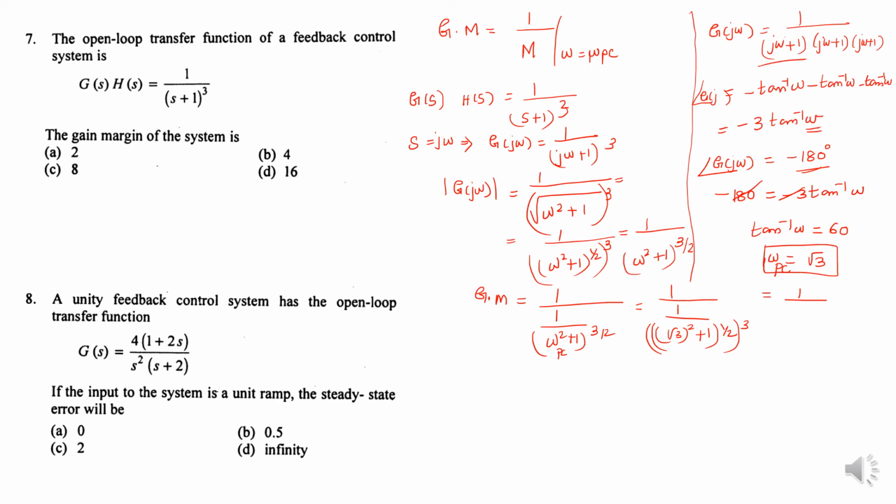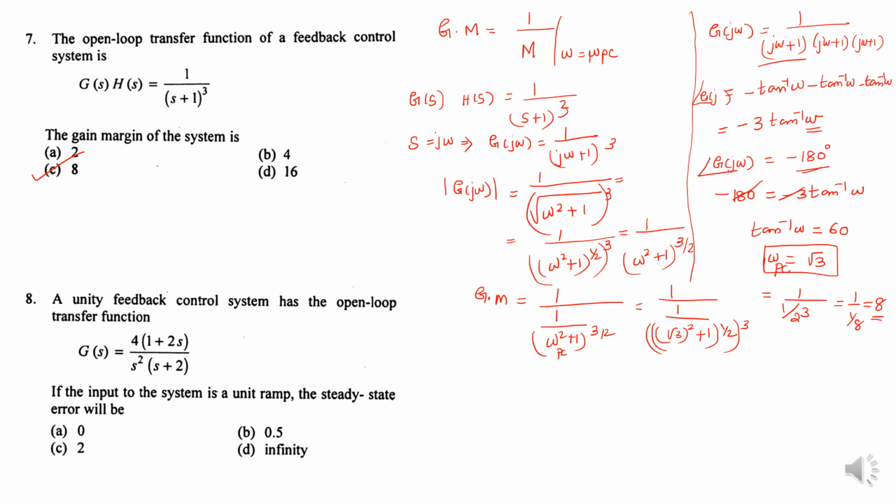Root 3 whole square is 3. 3 plus 1, 4. 4 square root is 2. So 2 cube. 2 cube equal to what? 1 by 8. Sorry, 1 by 8. The gain margin is 8. Sorry, not 8 radians per second, 8 decibel is the correct answer. So option D is the correct answer.